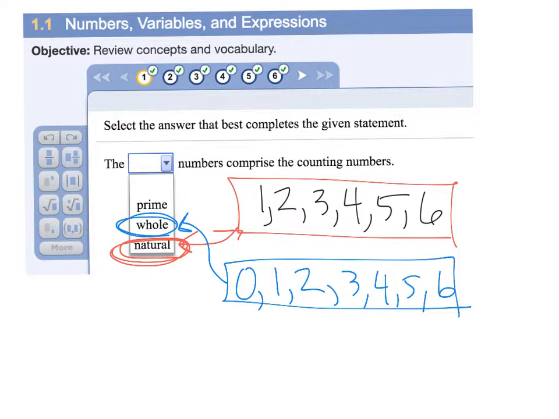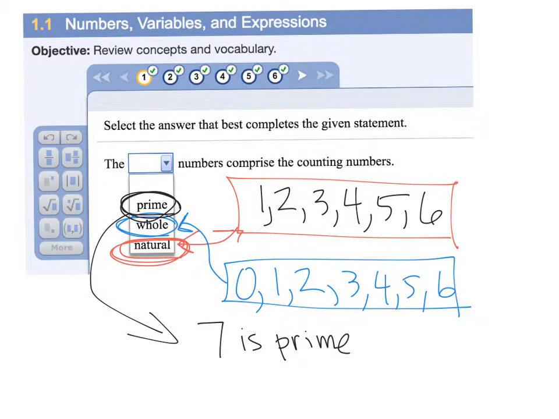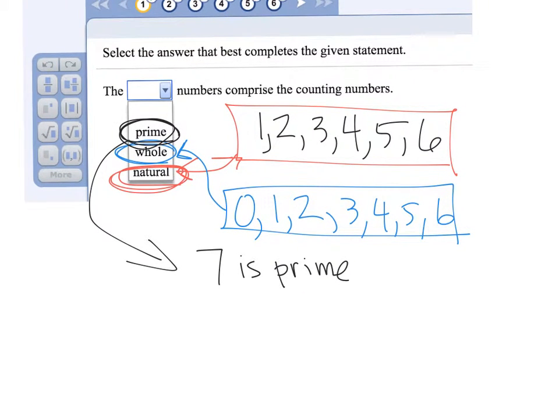And the prime numbers are important. Prime numbers are super important in Math 208 and 209. Prime numbers are numbers that are divisible only by 1 and themselves. For example, 7 is prime because it can only be divided by 1 and itself.